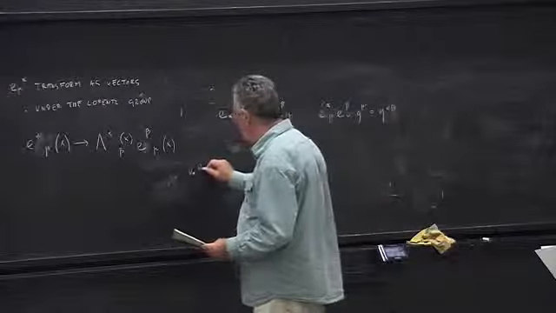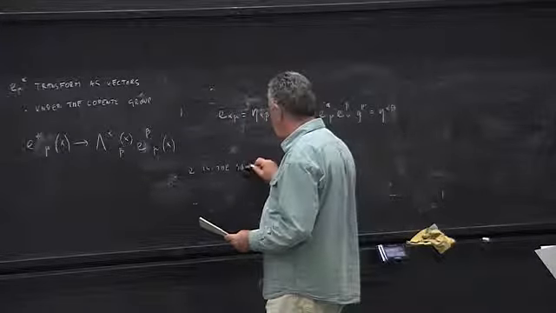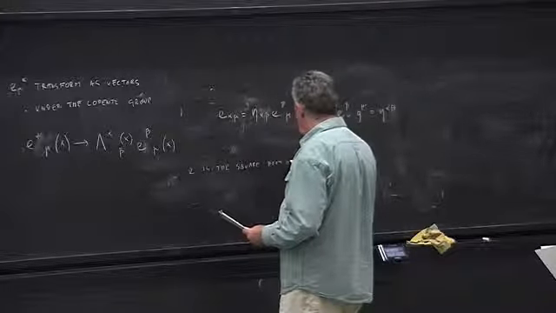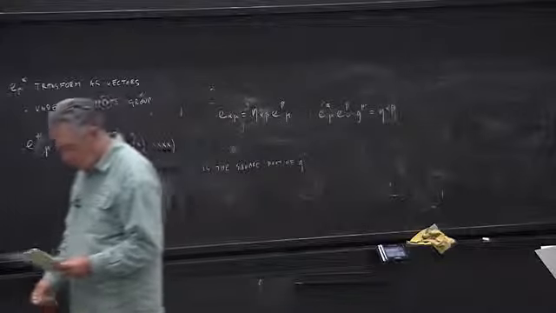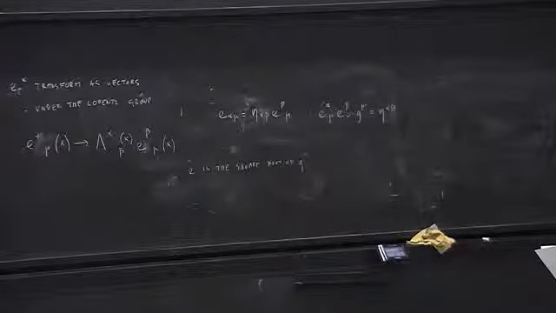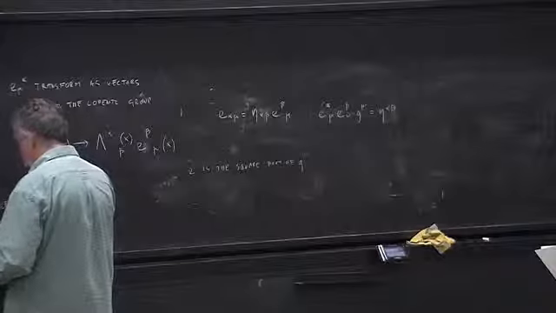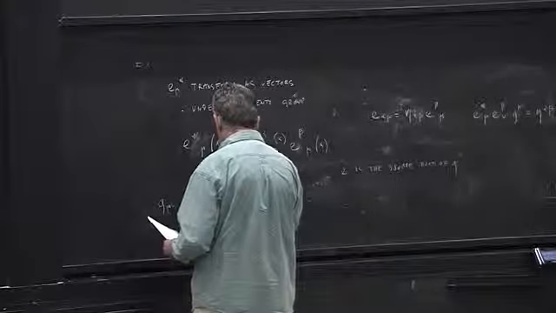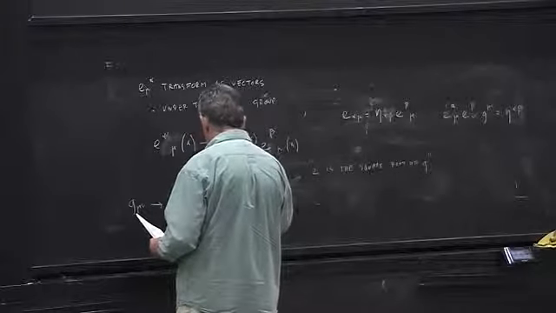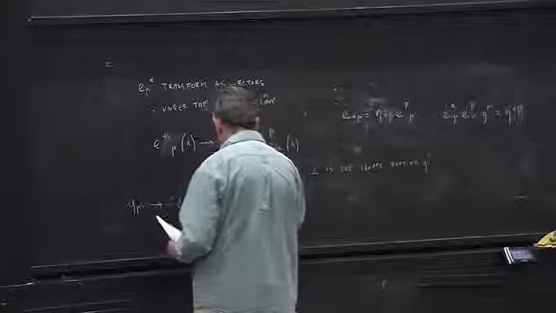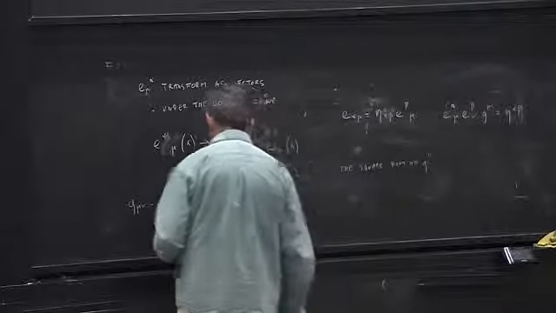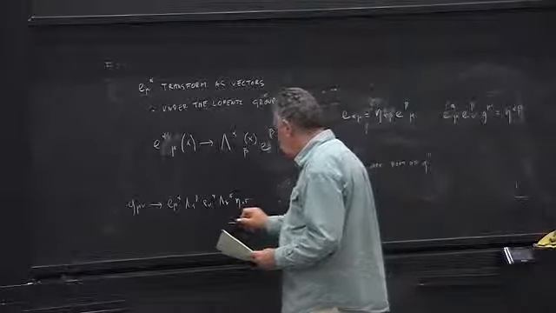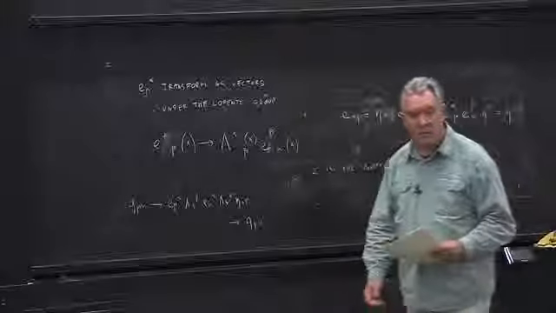So, roughly speaking, E is the square root of G. So this means that G mu nu remains unchanged under a Lorentz transformation.